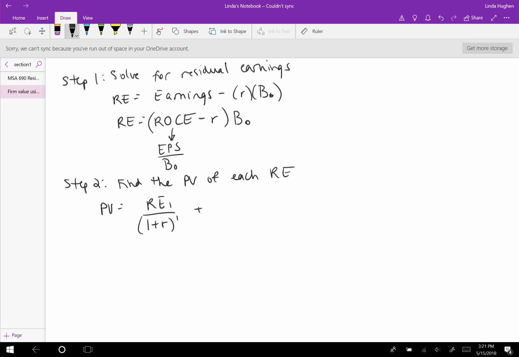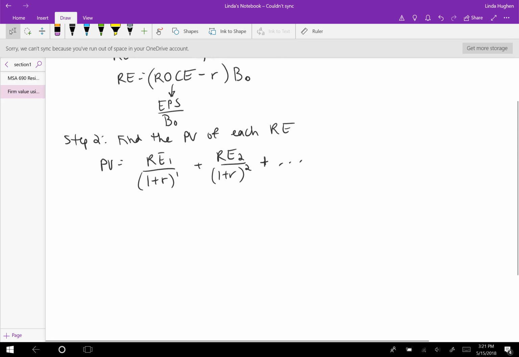This works well if we have a project that has a finite life or uneven cash flows. This worked in the first example of the assignment that I handed out in class, that you worked on in class. Nearly all students were able to finish at least that first example. And we saw in that first example that residual earnings eventually became 0 and continued to be 0. So we were able to just discount each one of those residual earnings.